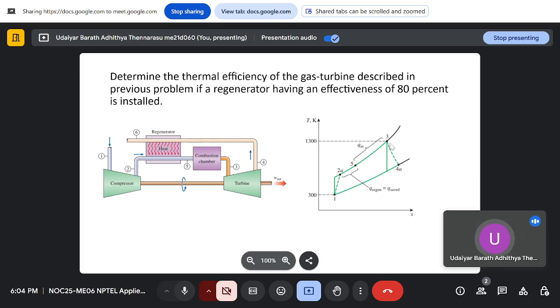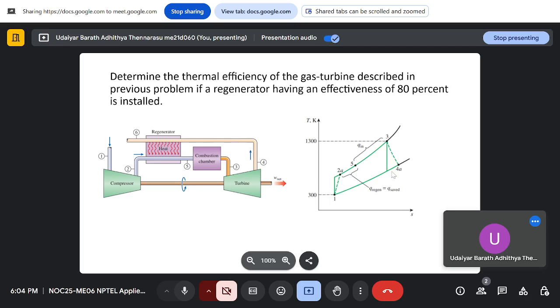If you fully add heat and send it to 3, the temperature is around 1300, and then if you expand it in the turbine, it will come to 4A. But if you compare 4A and 1, 4A is at a higher temperature compared to the inlet temperature of air.